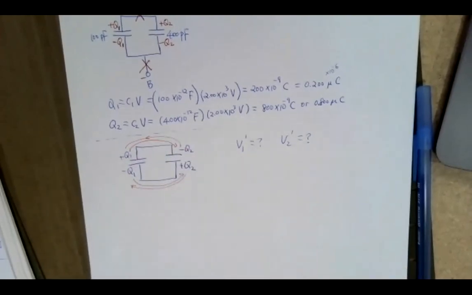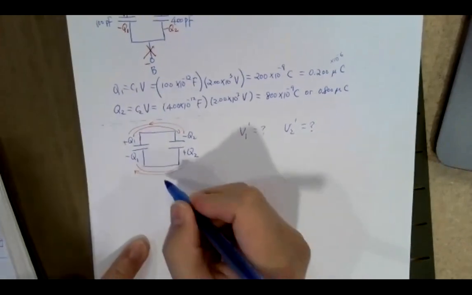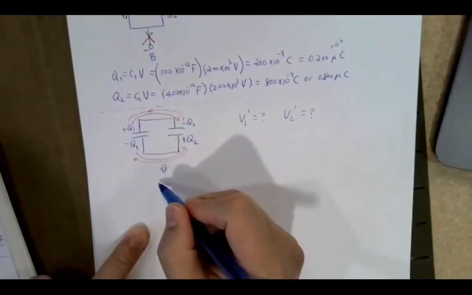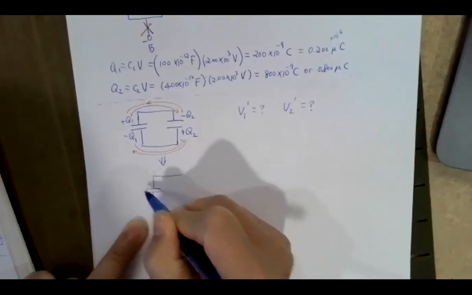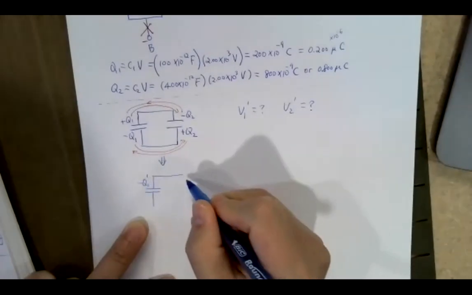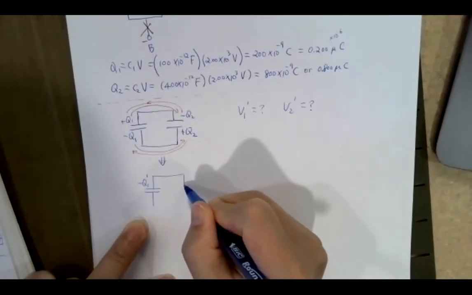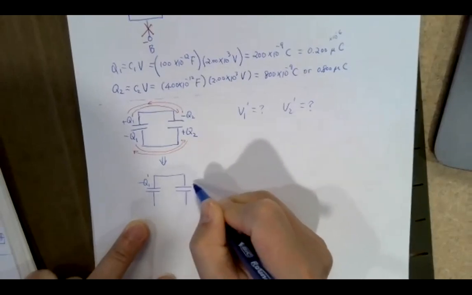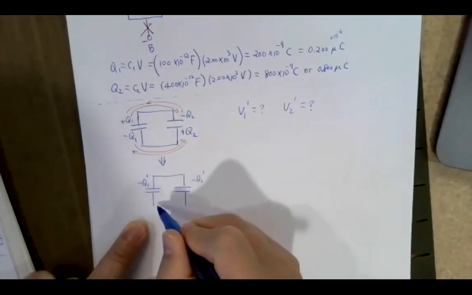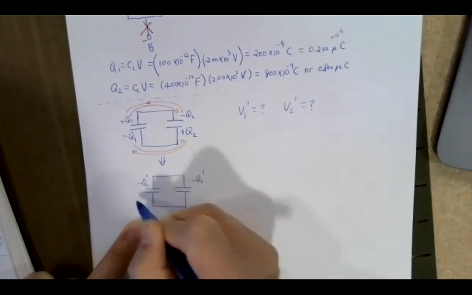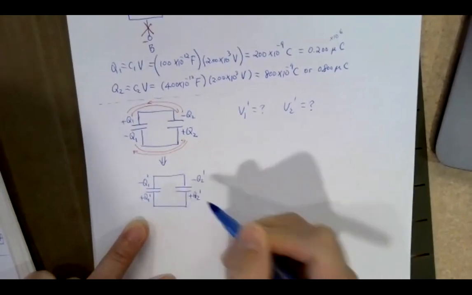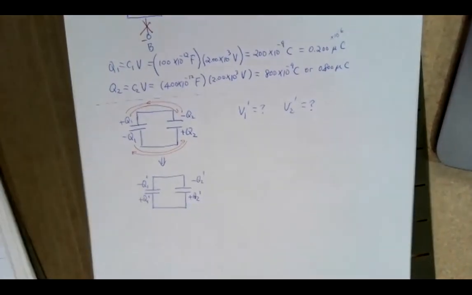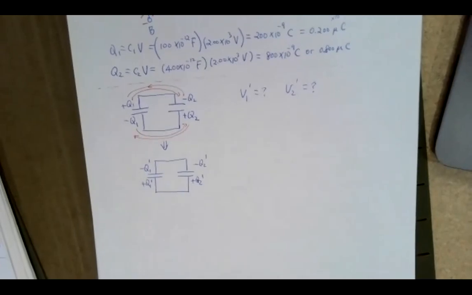So what happens afterward, after redistribution of the charges, is you would have negative of Q1 prime this time, and then negative of Q2 prime here. On the bottom, you will have positive Q1 prime, positive Q2 prime, right? That's what's going to happen afterward, because Q1 is less than Q2, okay?